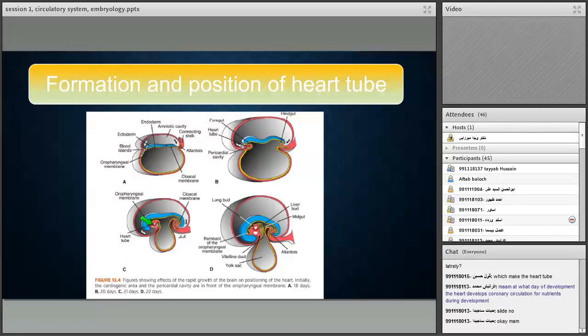Okay, they are growing on the cardiogenic field and the pericardial cavity, and they are moving the cardiogenic field into the neck and the thoracic cavity, like these pictures. Pay attention, please, to these pictures.